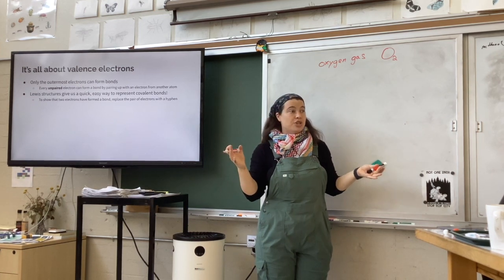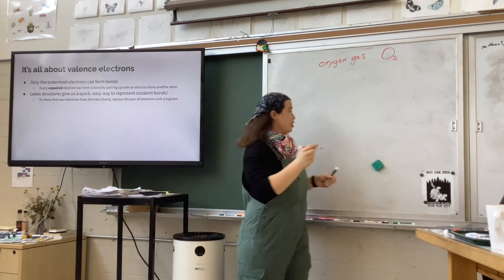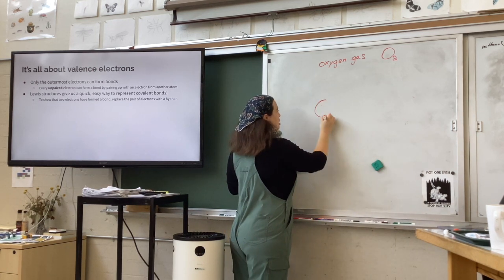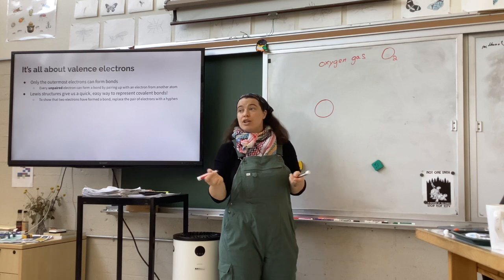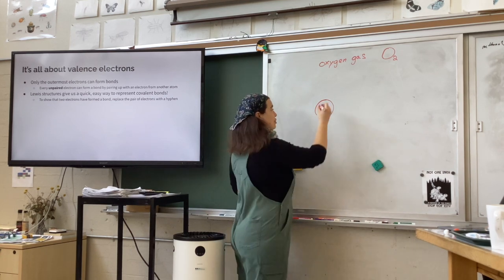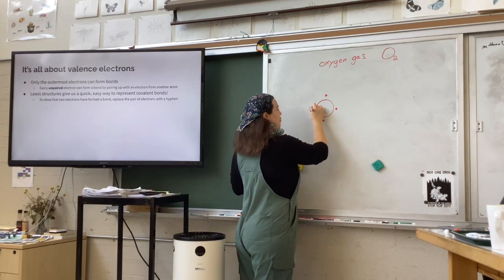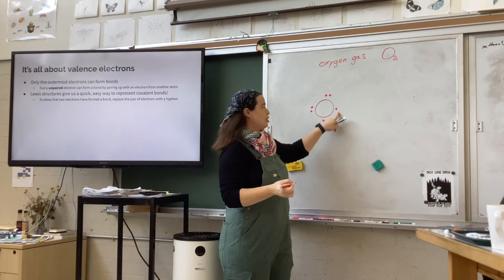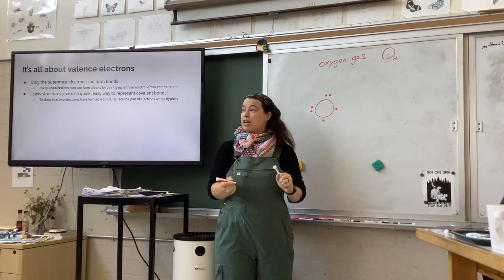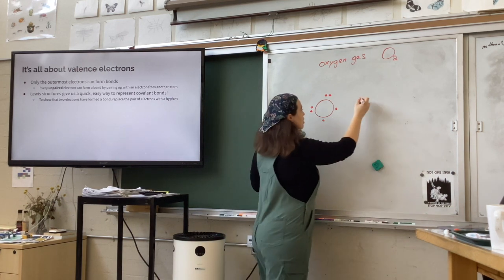Now, I already showed you a Lewis structure for just a single oxygen. We said, oh, oxygen is in column 6A, so it's going to have 6 valence electrons. 1, 2, 3, 4, 5, 6. 2 unpaired electrons, which means each oxygen can make 2 bonds.